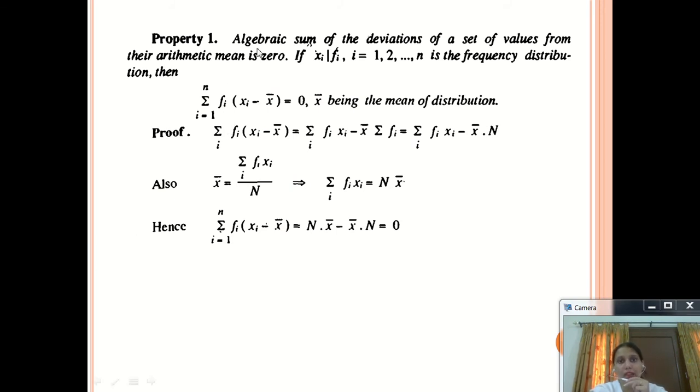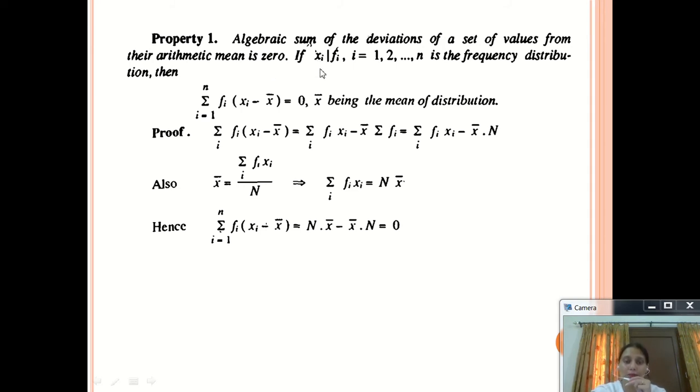The first property is that the algebraic sum of deviations of a set of values from their arithmetic mean is 0. That means the summation of deviations d from the arithmetic mean. When we take d equal to xi minus a, the assumed mean, then we can't say that the result will be 0. But the algebraic sum of deviations of a set of values from their arithmetic mean will always be 0.